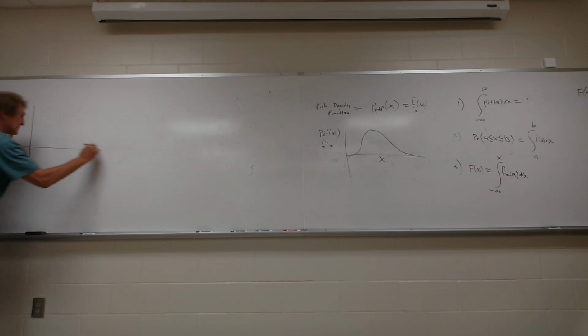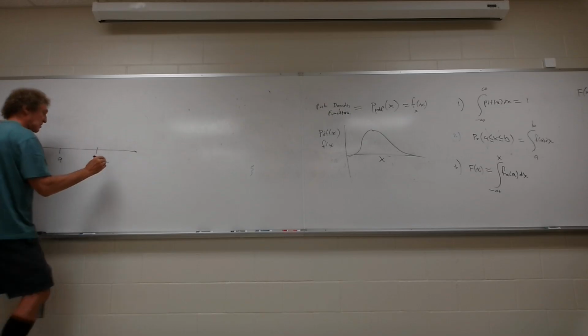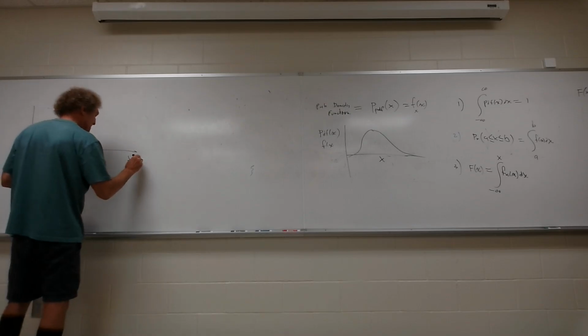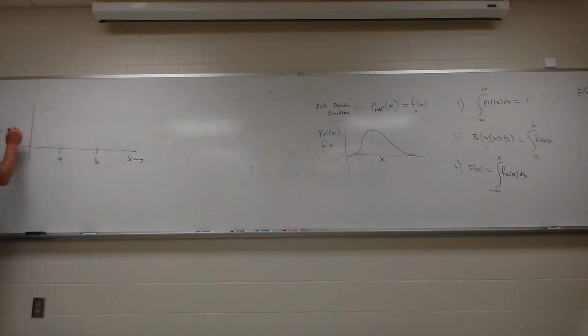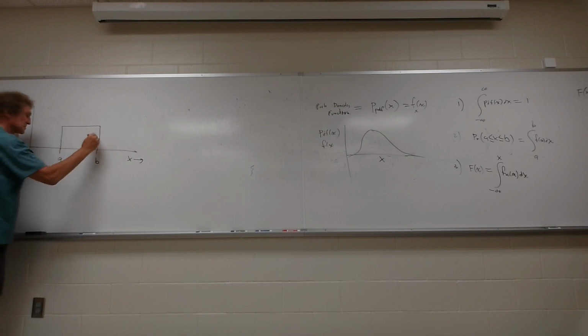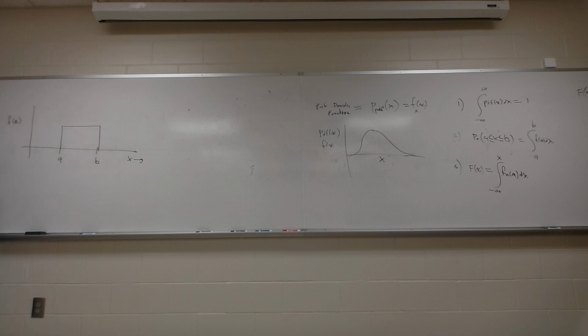If this is A and this is B, we call this axis X. This is the probability density function here. I said it's constant, it means this. Y'all follow me? It's just going to be a constant. This is just for example. Now I don't know what the value of this is. I'll call this value capital C, all right?